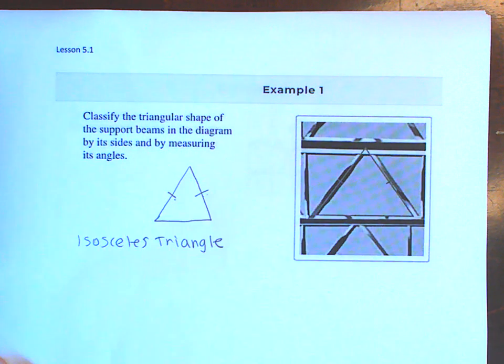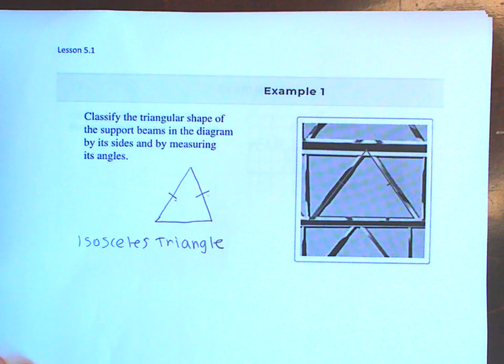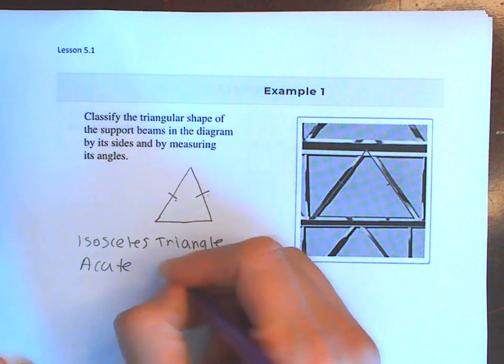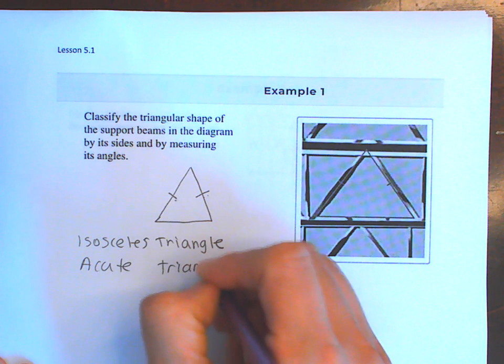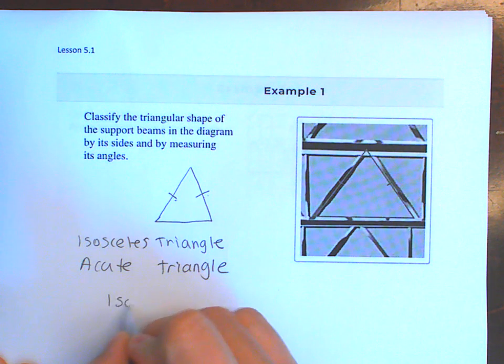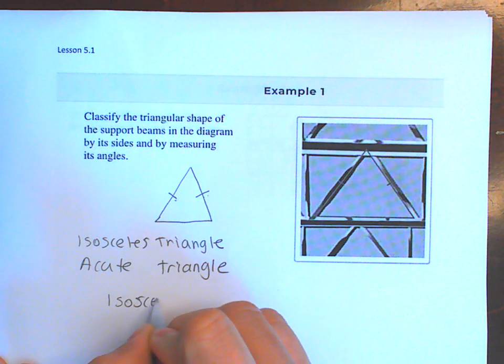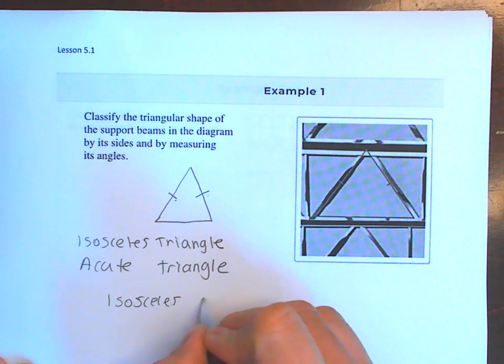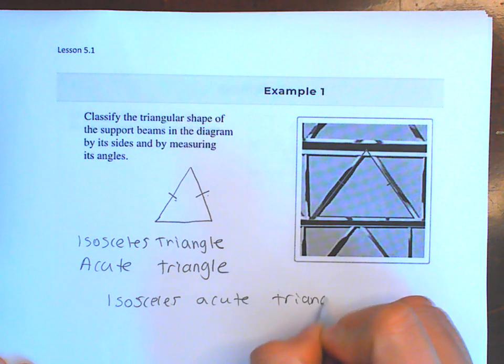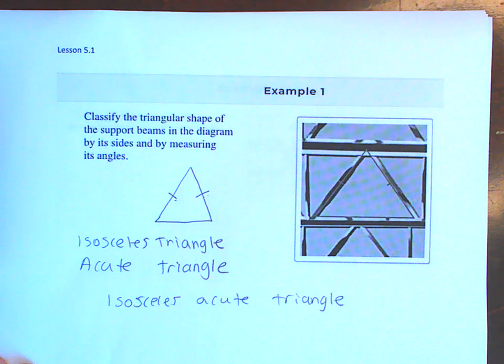Now, if I were to measure it, you would notice that all these angles are strictly under 90 degrees, which makes this also an acute triangle. So if I were to classify this, I could call this an isosceles acute triangle, or acute isosceles triangle.